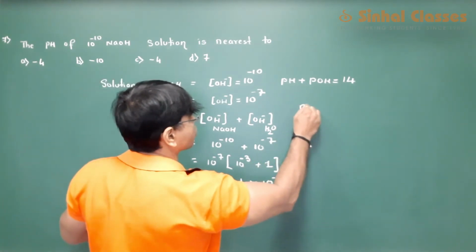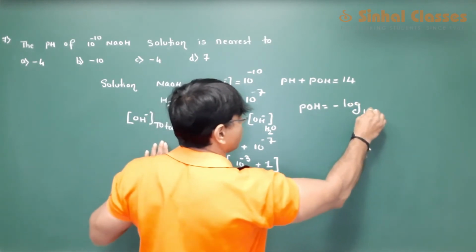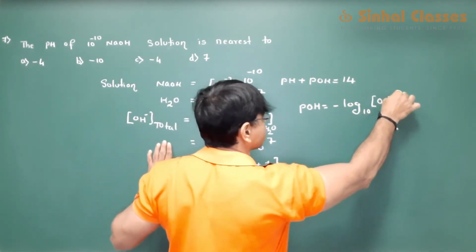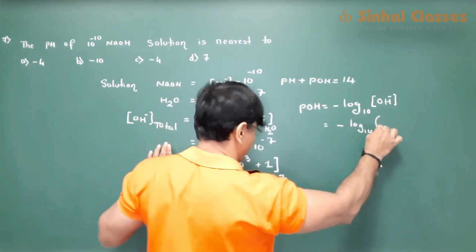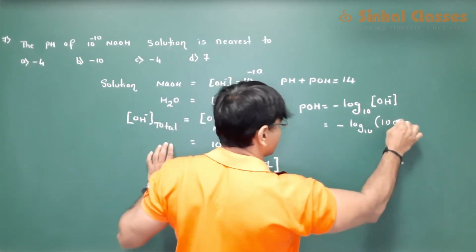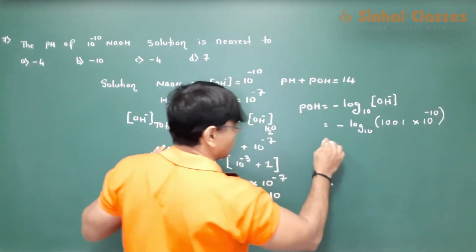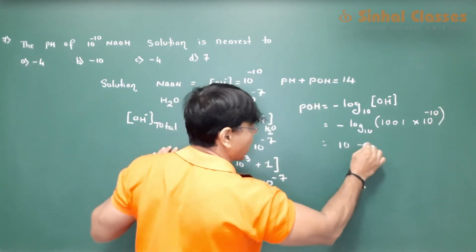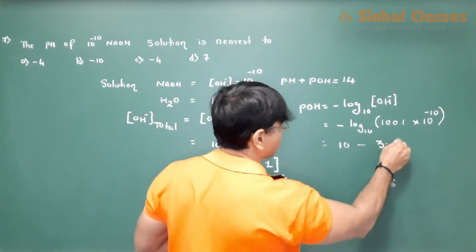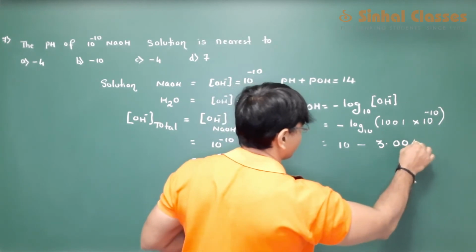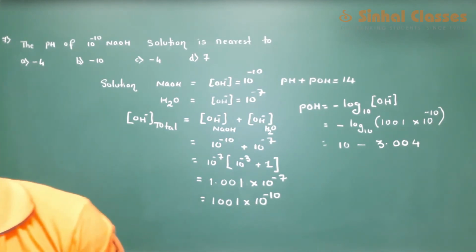Now you take out the pOH. pOH is negative log to the base 10 of OH minus. So this will be minus log to the base 10 of 1001 into 10 raised to minus 10. So it will be 10 minus log of this 1001, which is 3.004.